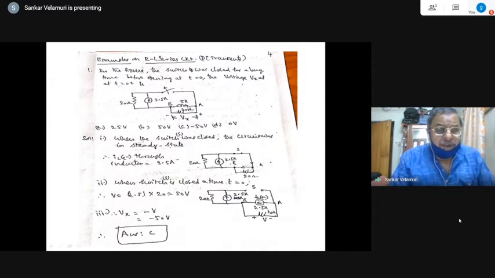It is not a resistive circuit, it is a combination of elements. So the inductive branch will be shorted under steady state condition. So you can see the switch is in closed position. The switch is in closed position. That is the representation that is being made for this circuit. And when it is closed, the inductor is shown as a short circuit under steady state condition.